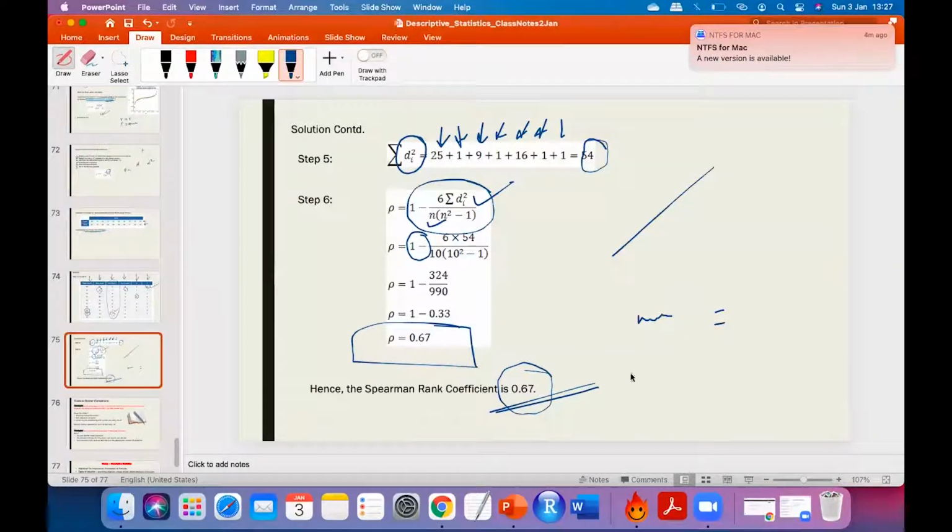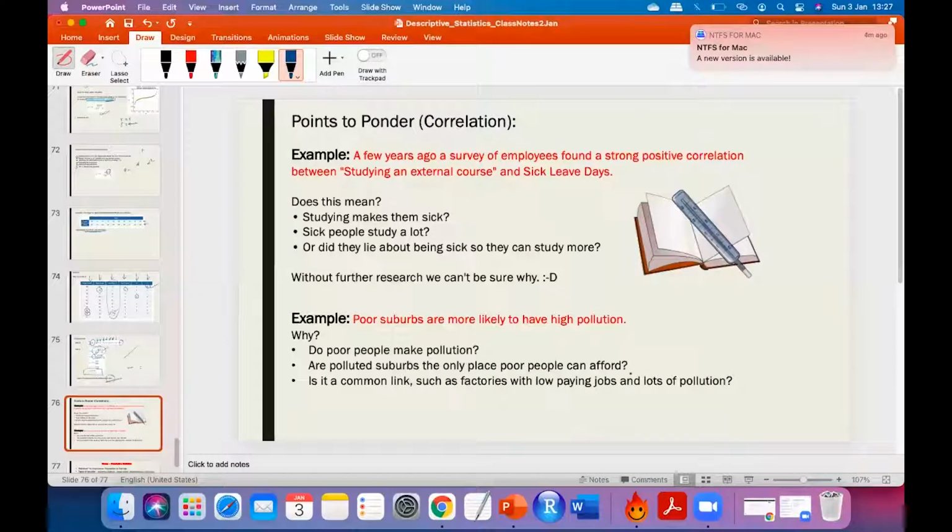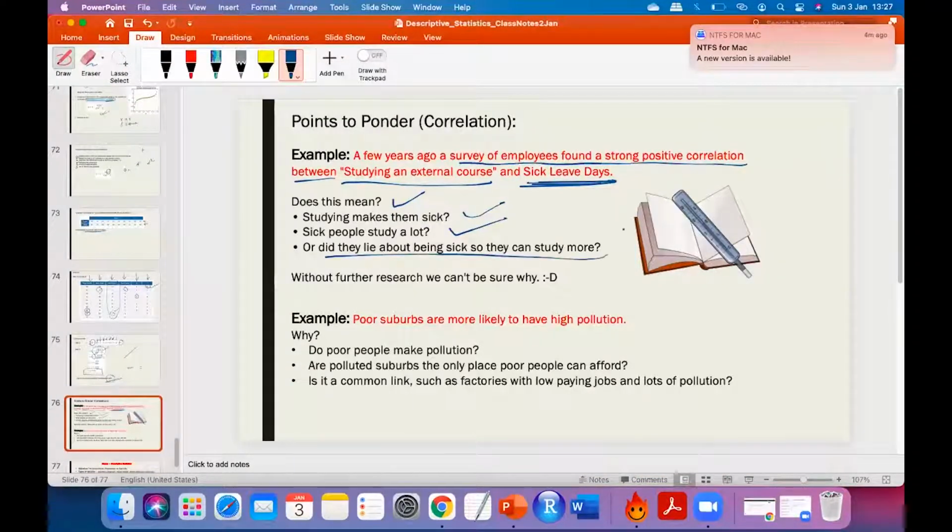Now we are coming to this. Just read this. It says, a few years ago, a survey of employees found a strong positive correlation between studying an external course and sick leave days. Does this mean that studying makes them sick, or sick people study a lot, or did they lie about being sick so that they can study more? You understand what I'm trying to say?